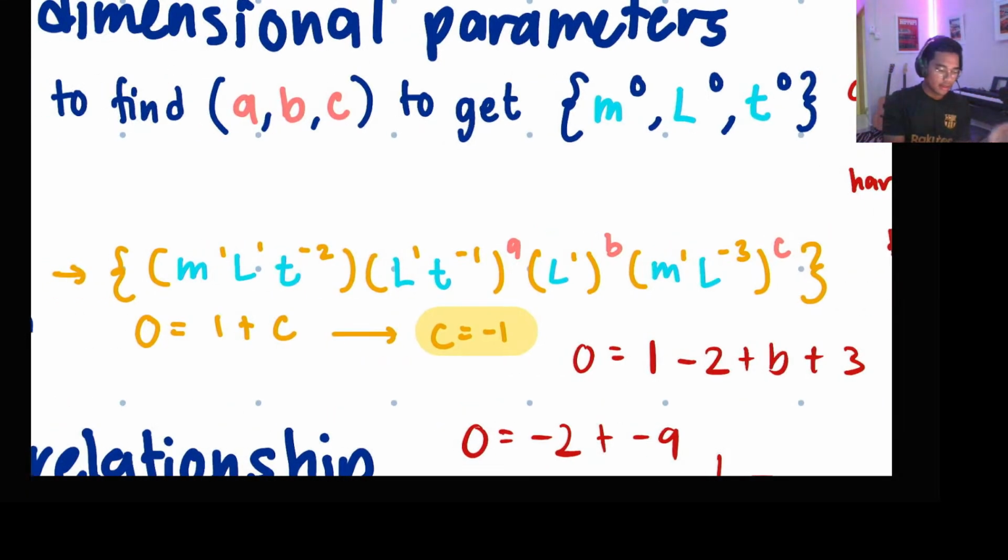For example, the force is ML over T squared, the velocity is L over T, length is L, density is M over L cube. From there you list M, L, T, and put the power here, which is supposed to be 1 and then a, b, c.